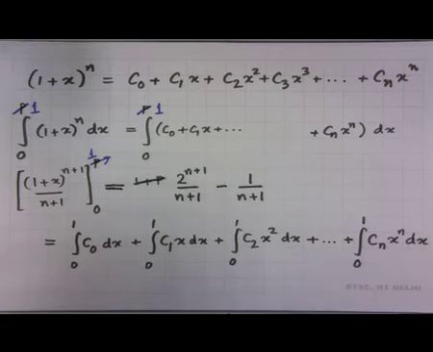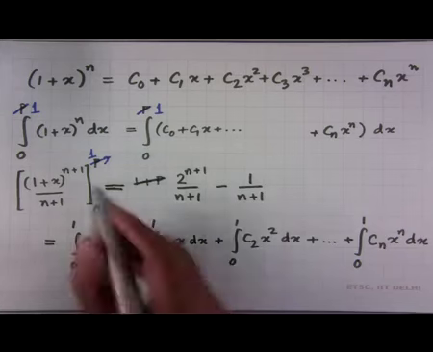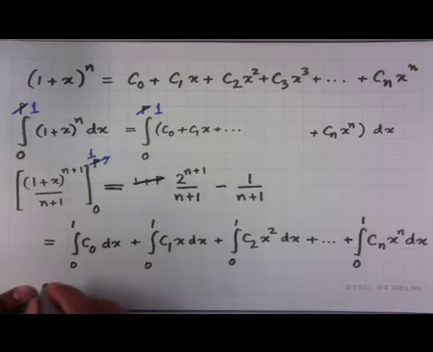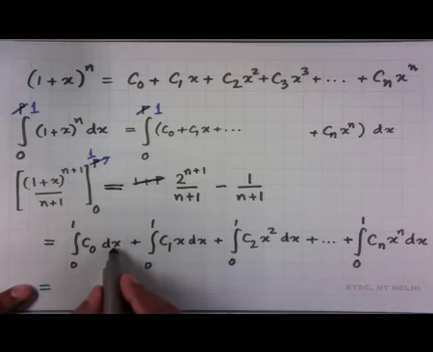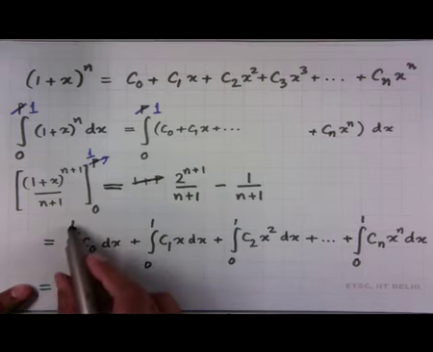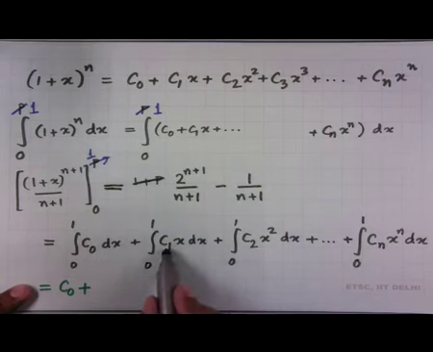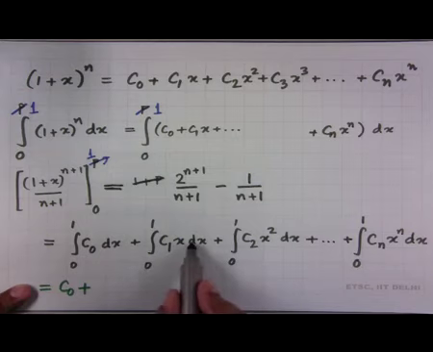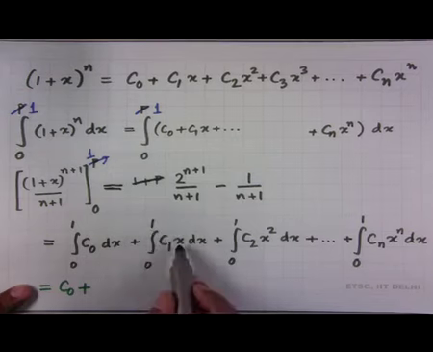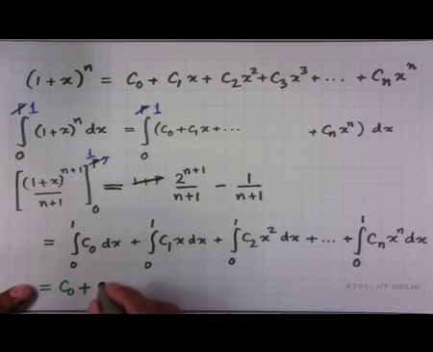This is what I have. Okay, I expanded the sum, and of course, that works out to C0 times x, and you plug in x equal to 1, x equal to 0, you get just 1. C1 times x squared by 2, plug in x equal to 0, you get 0, x equal to 1, you get 1.